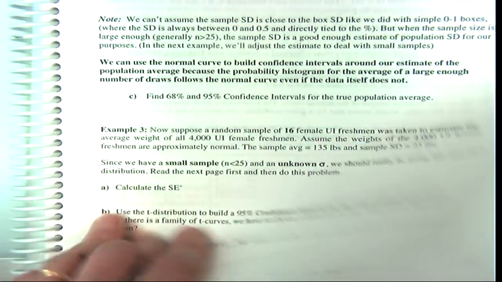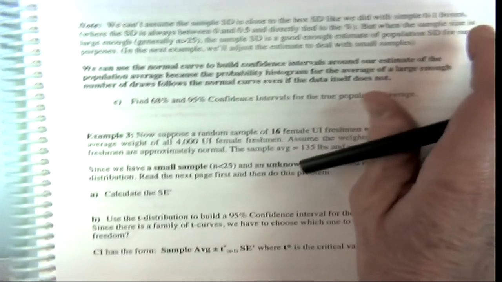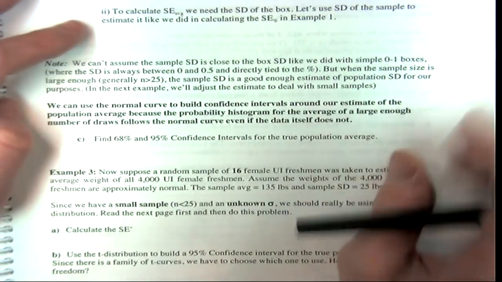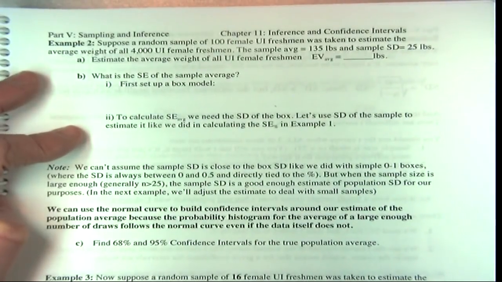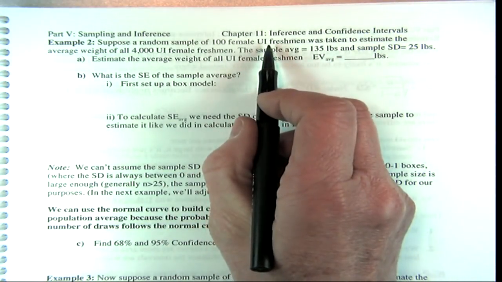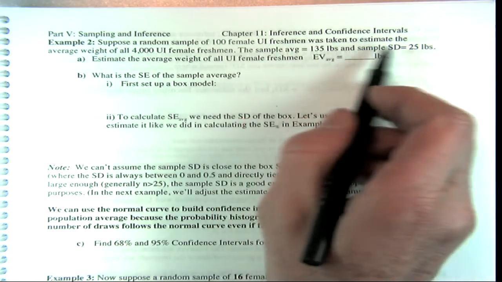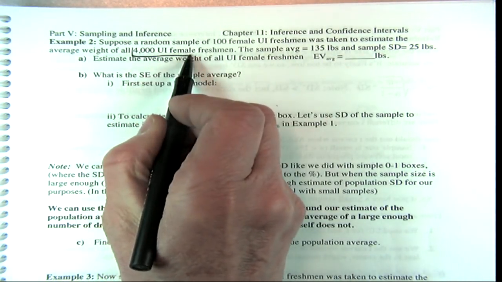Now, all right, let's look at another example. Suppose a random sample of 100 female UI freshmen was taken to estimate the average weight of all. So there's our population.